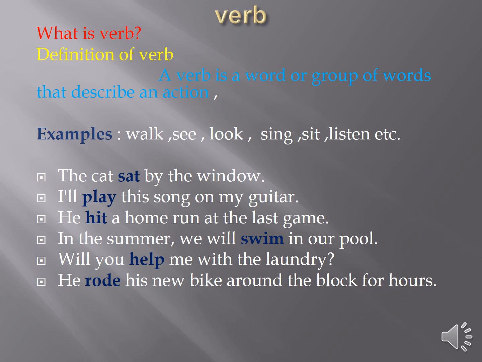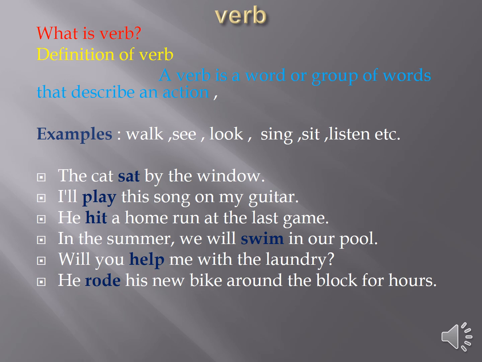Next, what will come? Verb. Now the definition of verb: a verb is a word or a group of words that describes an action. What it describes? That describes an action, what is going on, what the person is doing. For describing the first thing, it's going to be called as action or verb.